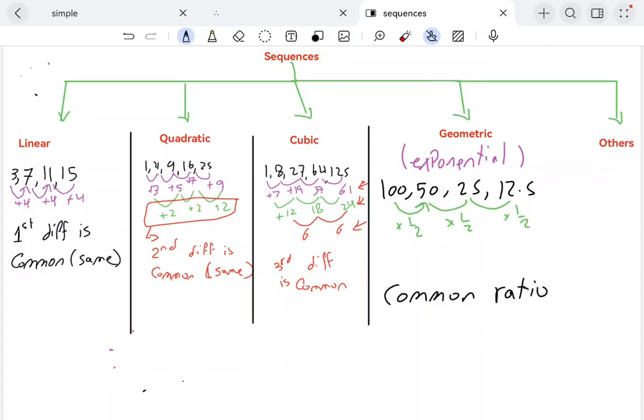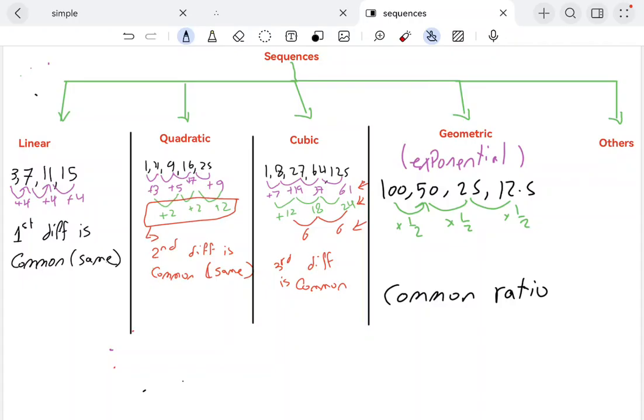You multiply each term by a certain number to get the next term. 100 multiplied by half, then 50 multiplied by half, then 25 multiplied by half. It's multiplication, not addition or subtraction. It's not a common difference, it's a common ratio. Then how do I find the nth term? That's what I'll take later, okay?